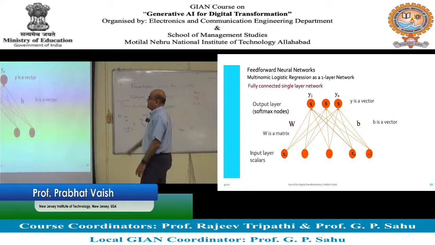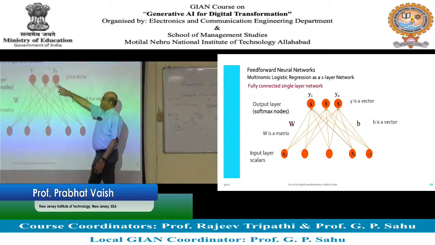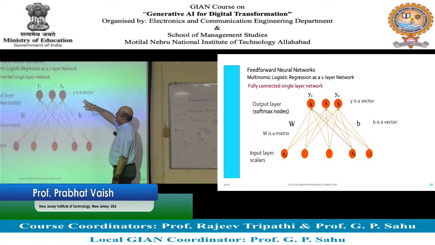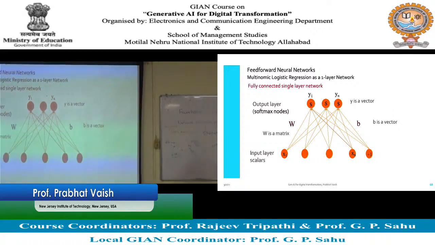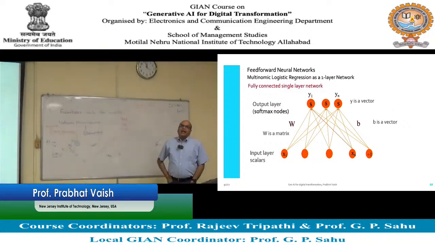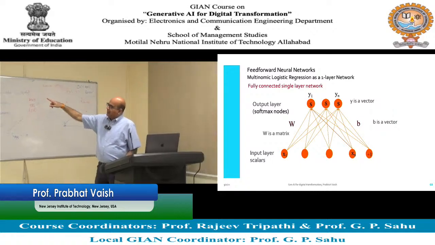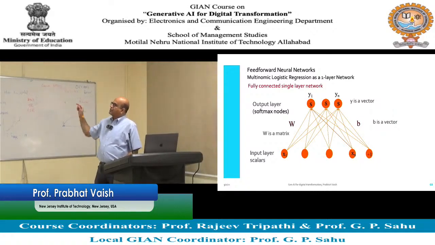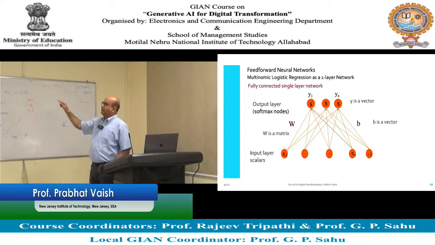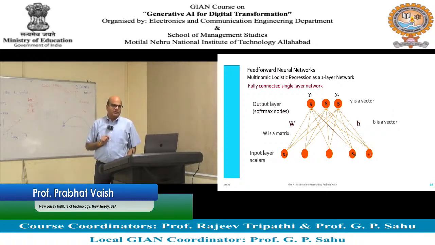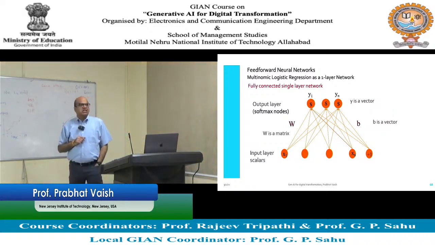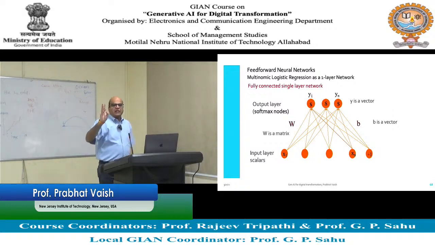The only difference here is that the output layer is not one single neuron, but a range of neurons, depending on how many different options there are. And then what is happening here is that my neurons will tell me the probability of each of these potential values. So for example, let's say you're trying to train a network which can differentiate between a cat, a dog, and let's say a lion.